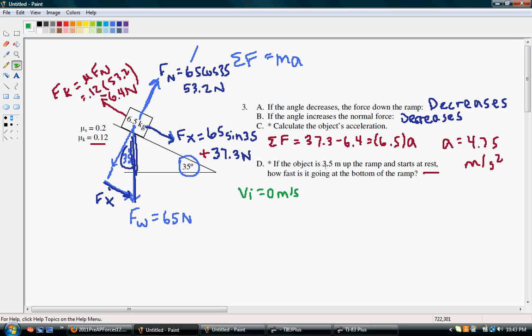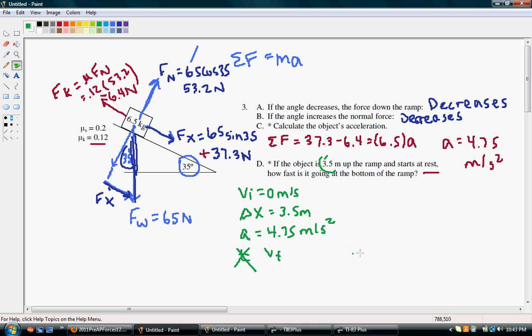We also know that the object went 3.5 meters, so our displacement is 3.5 meters. And we know our acceleration because we just calculated it up here, 4.75 meters per second squared. We don't have or want time, and we want to calculate how fast it's going at the end, the final velocity.